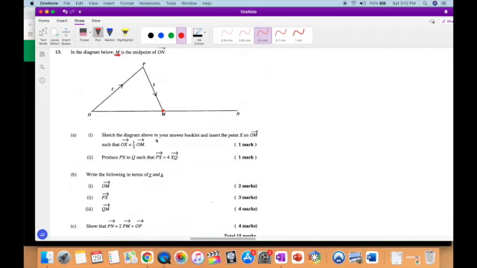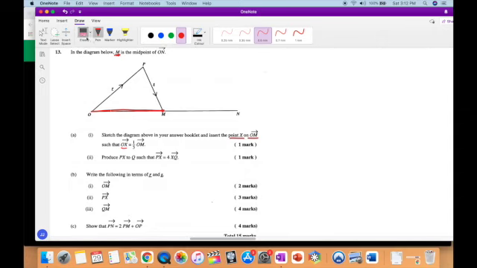Sketch the diagram above in your answer booklet. So I'll pretend to draw this over here. And insert the point X on OM. So I have OM and I have a point X on OM such that OX is a third of OM.